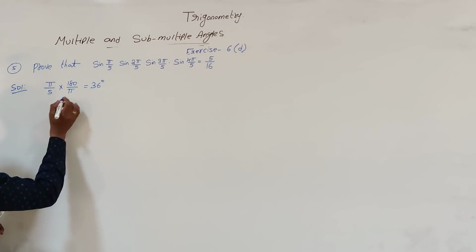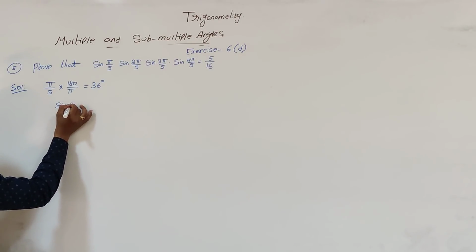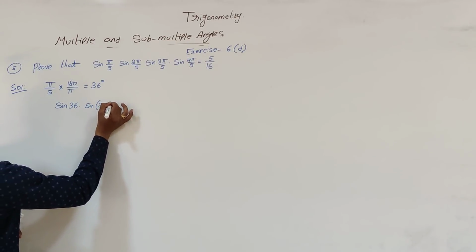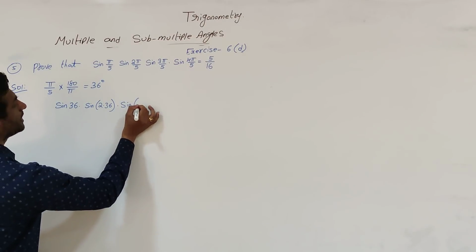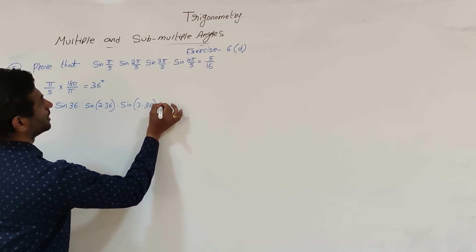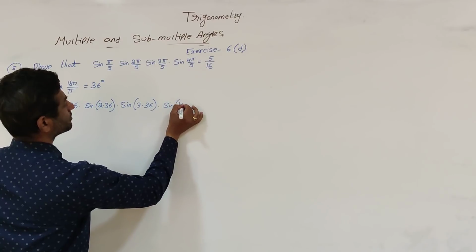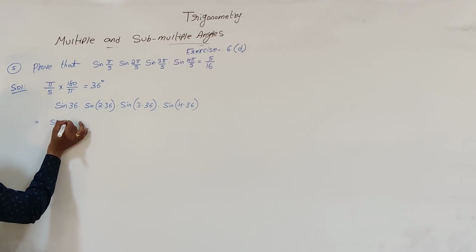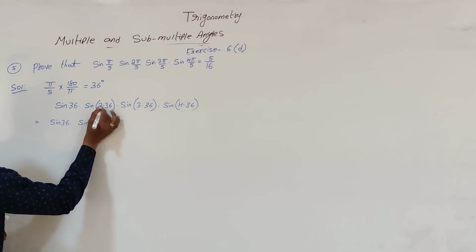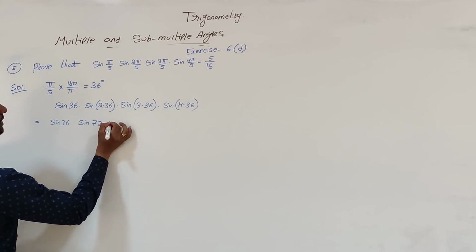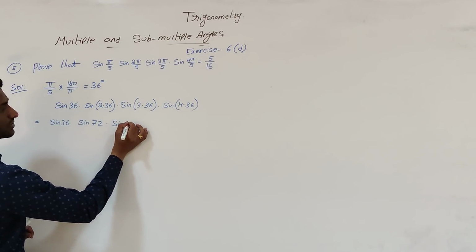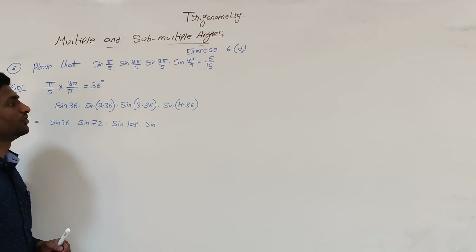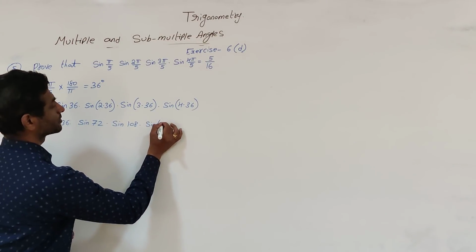Means it becomes sin 36 into sin of 2 times 36 into sin of 3 times 36 into sin of 4 times 36. Means sin 36 into sin 72, since 2 times 36 is 72, into sin 108, since 3 times 36 is 108, into sin 144, since 4 times 36 is 144.